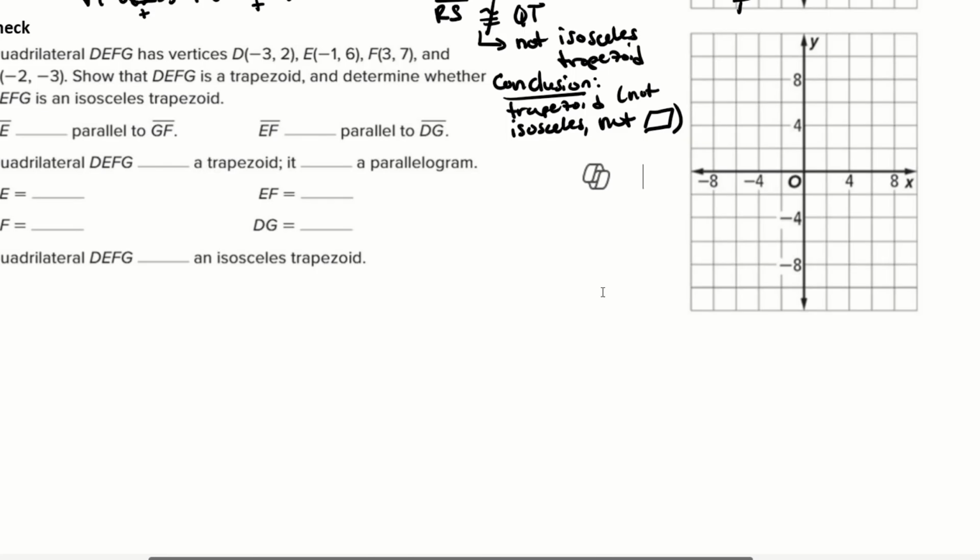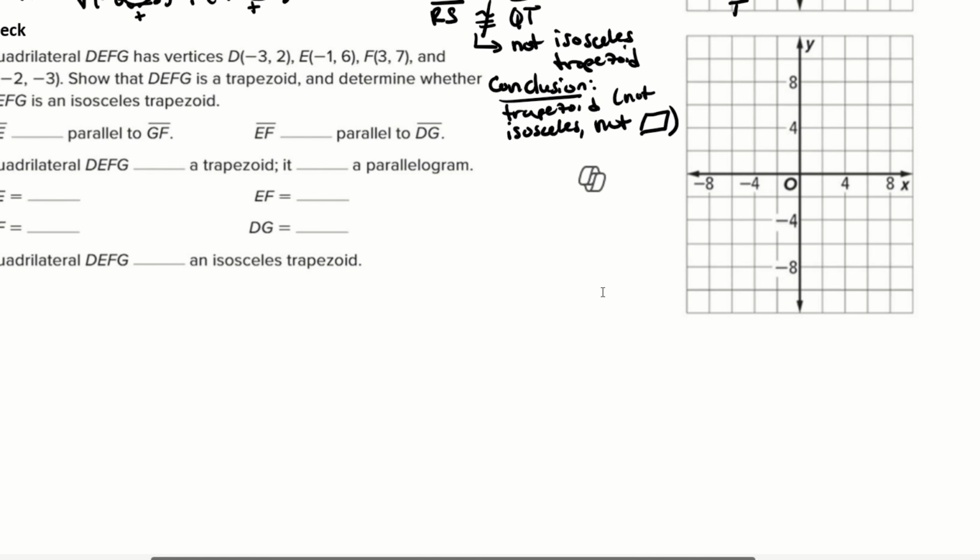All right, so let's go ahead and take a look at it. It says quadrilateral DEFG has the following vertices. Show that DEFG is a trapezoid and determine whether it is an isosceles trapezoid. Let's graph them first. Remember, this is going by 2, so just be careful when you do this graph.